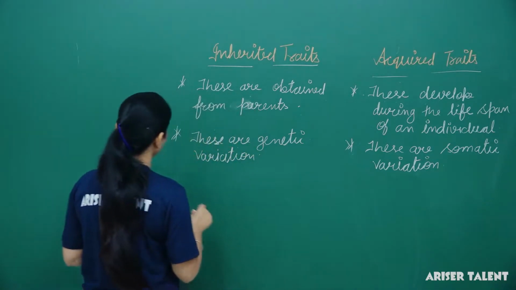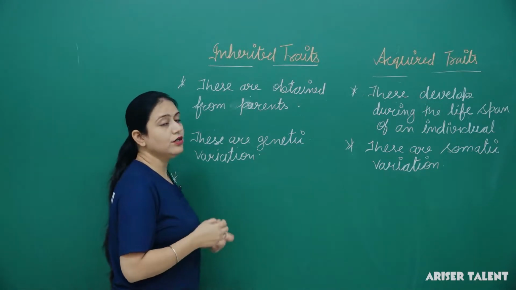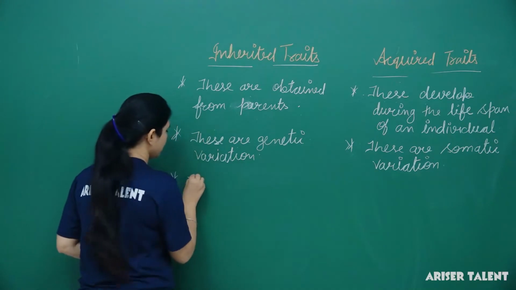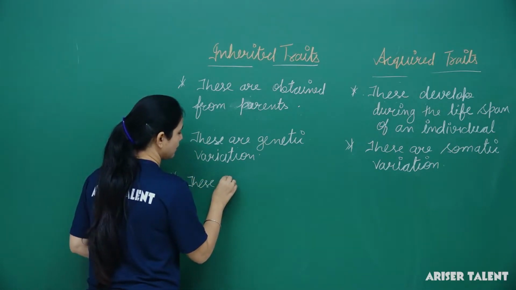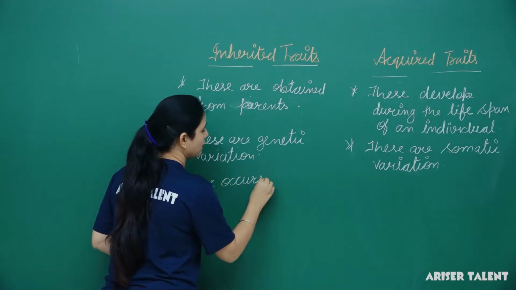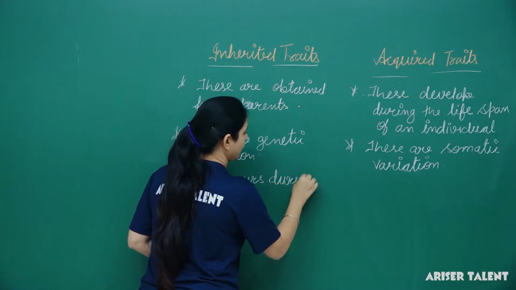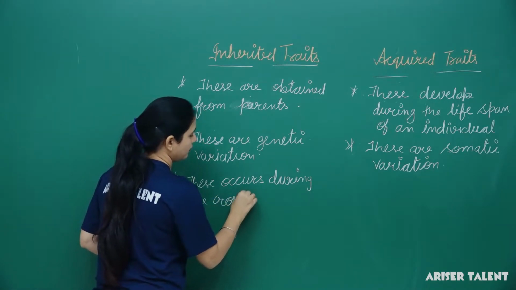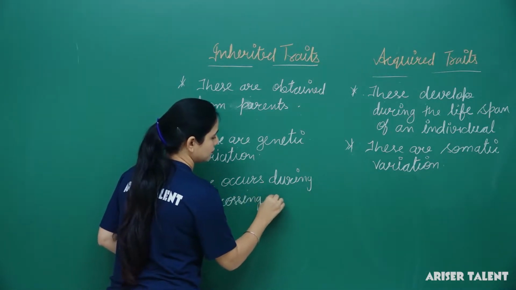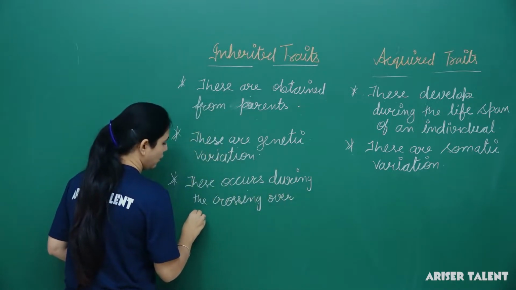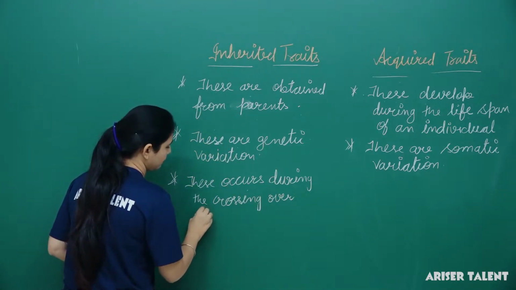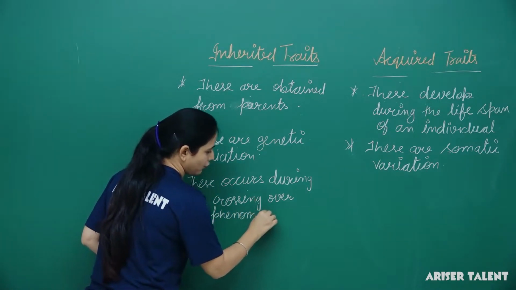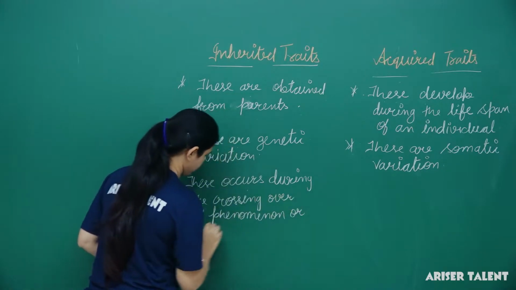Here we must say inherited variations occur during the crossing over phenomenon or mutation.